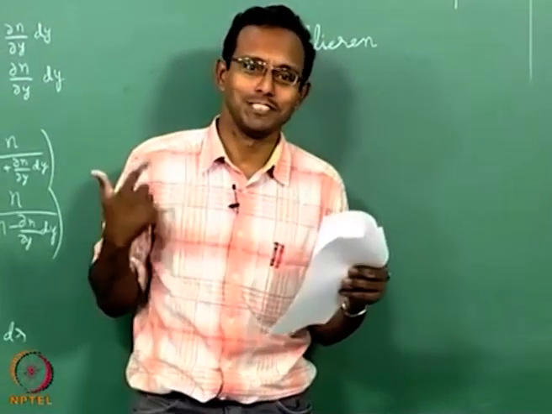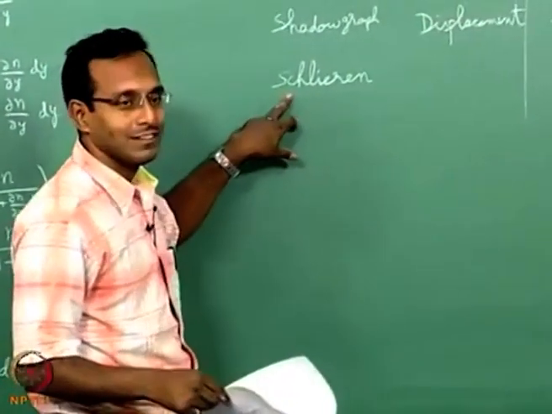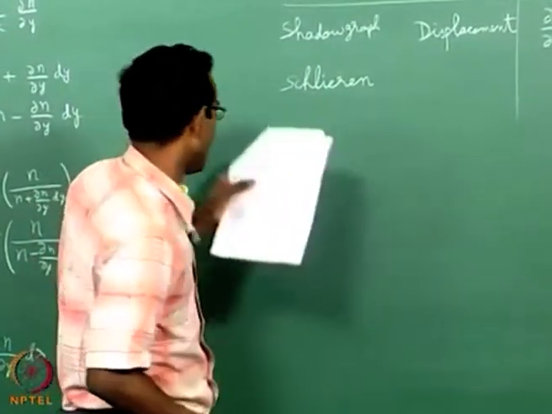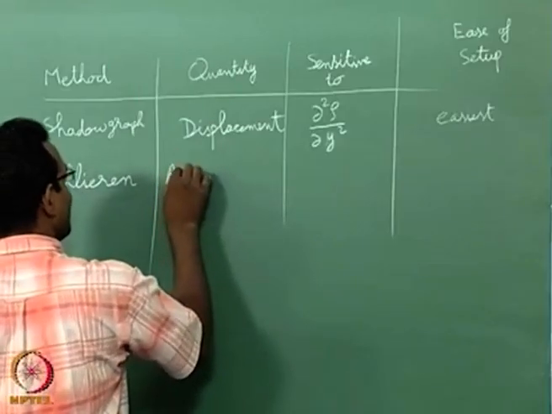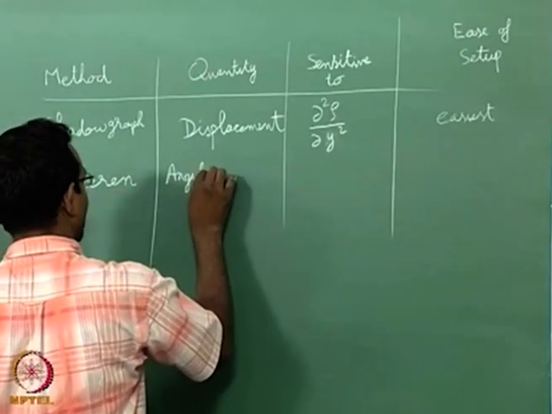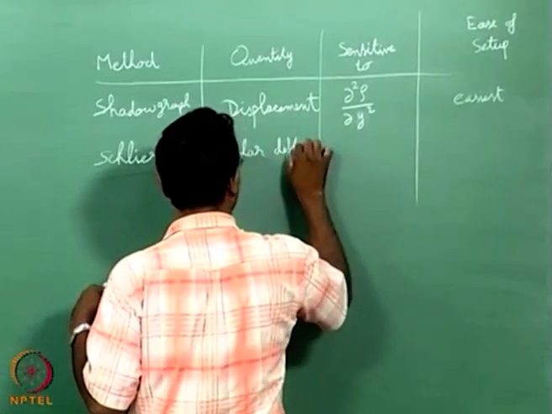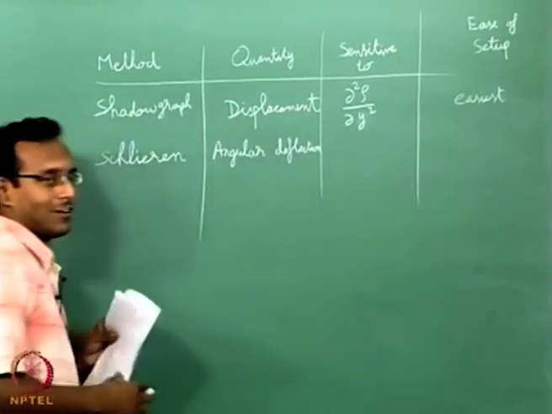It is something to do with German. I do not understand the full meaning of Schlieren really, but that particular paper said this is somebody's name also. This looks for angular deflection, displacement, same thing, angular deflection of the light ray.